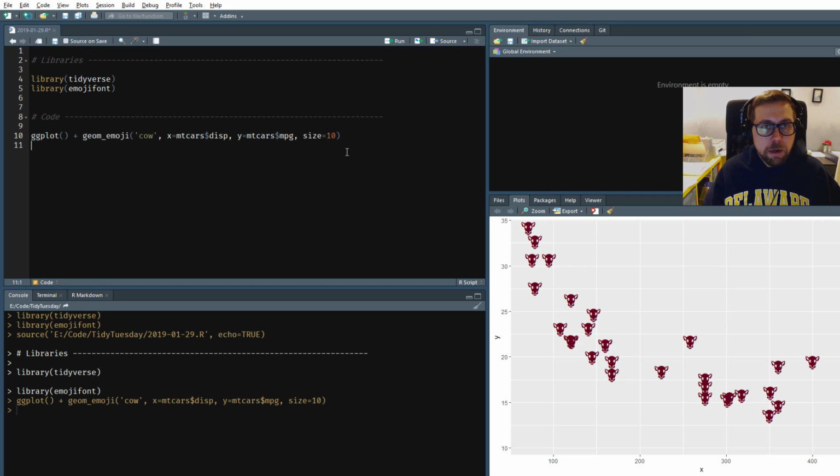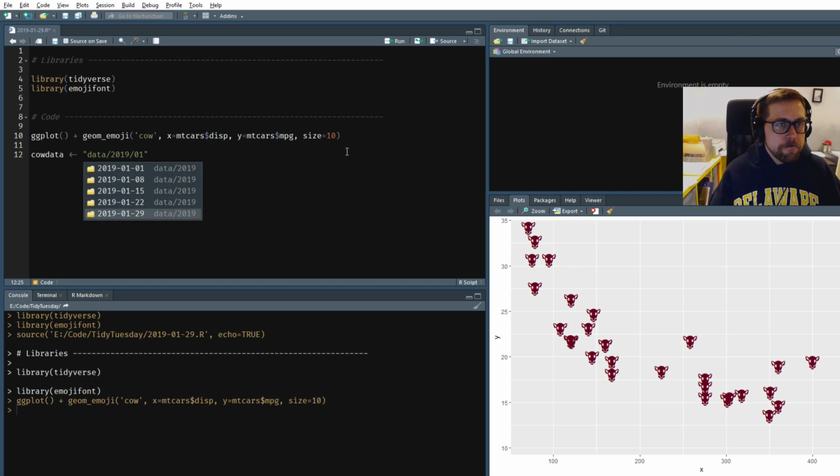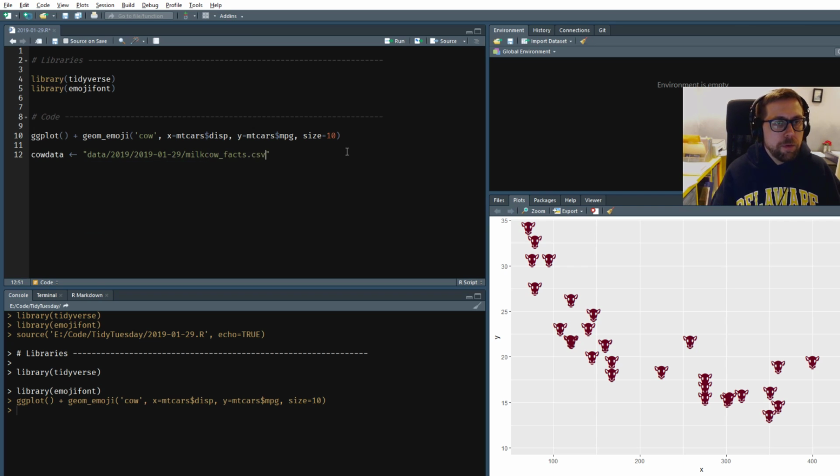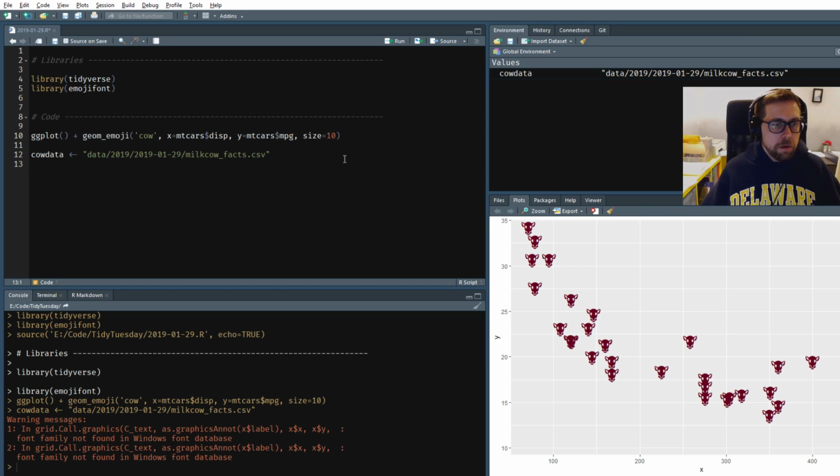Let's get into the data. So let's load some cow data. I think it's called milk cow facts, right? Yeah, milk cow facts. Okay, so let's have a look at it.